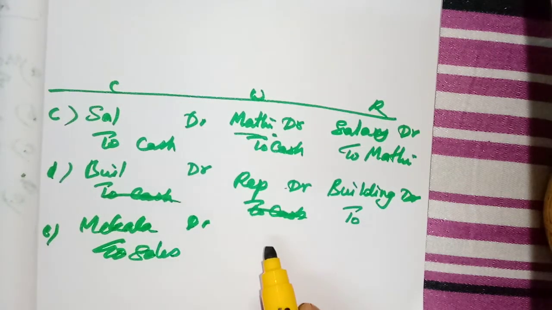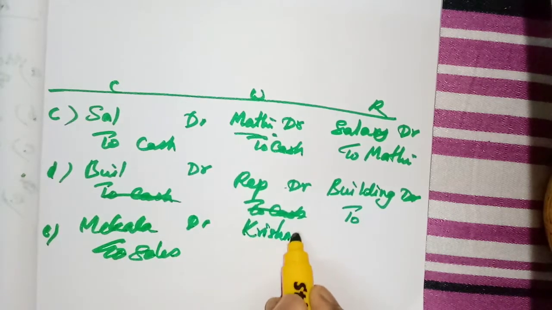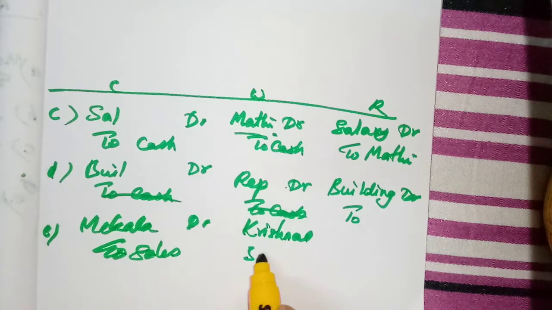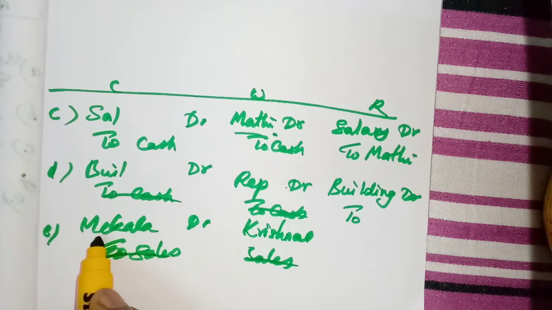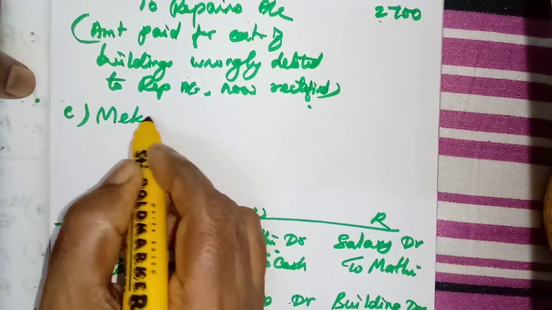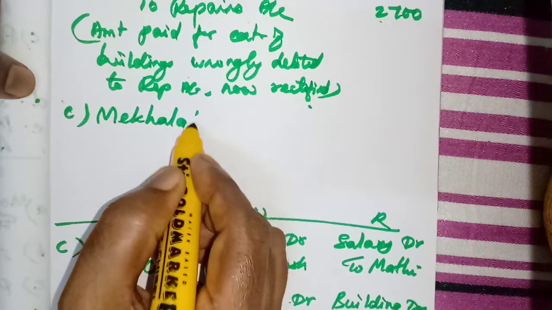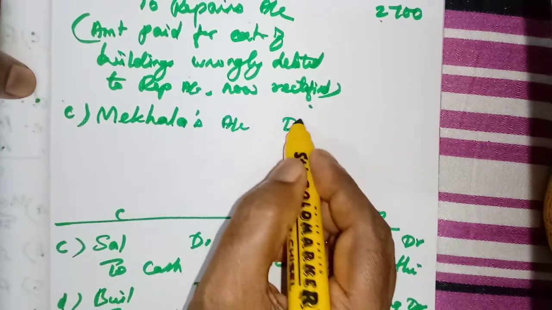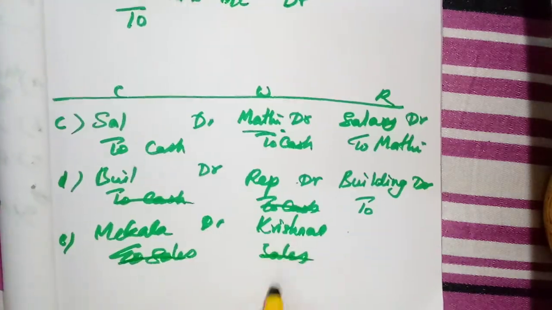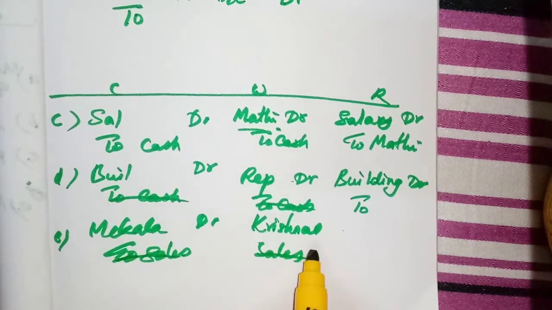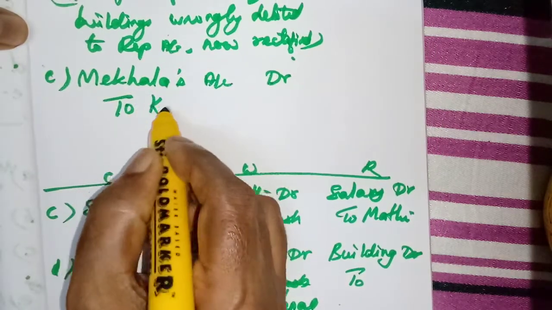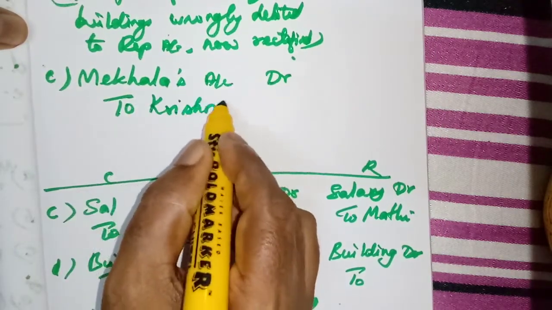It was posted to Krishnan's account instead of Mekala. Sales, no problem. So the correct debit is Mekala, isn't it? So Mekala's account debtor to Krishnan's account, wrongly debited, we need to credit.